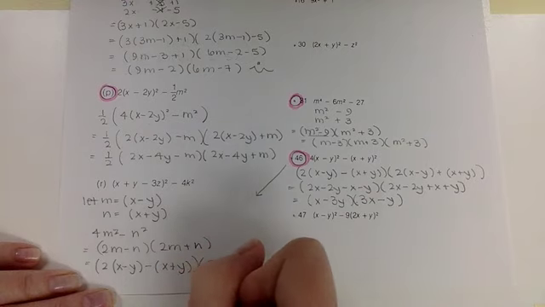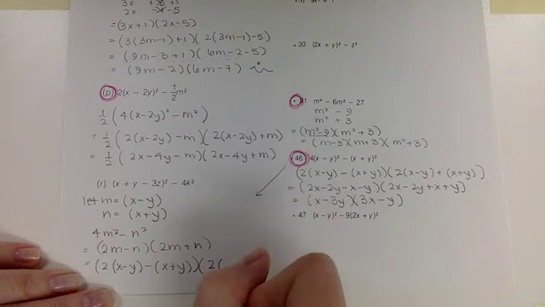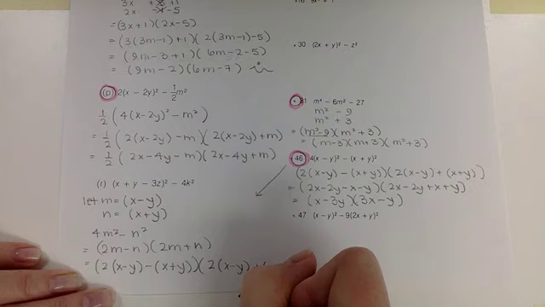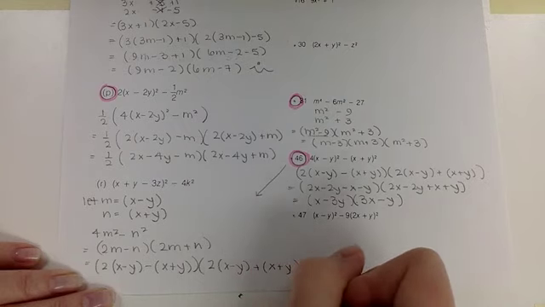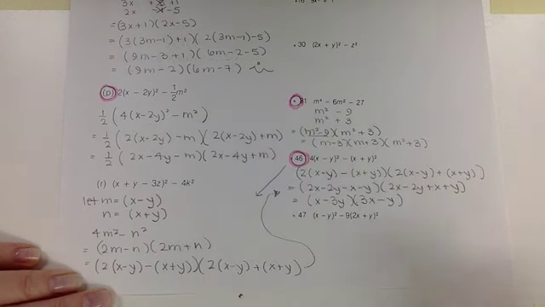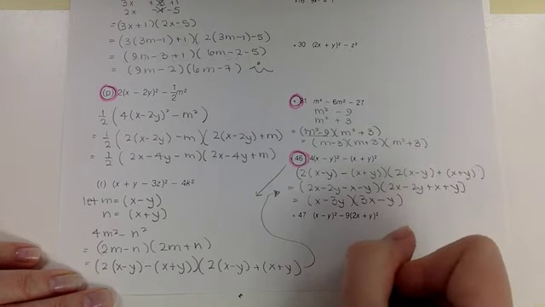And then you'll see that we're back at this position that we were right here. So 2m is really x minus y, and plus n is really x plus y. And then that would be our next step, and we would be finished. Okay, super great!